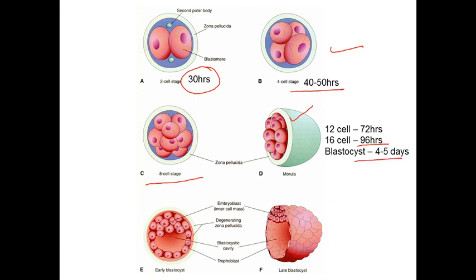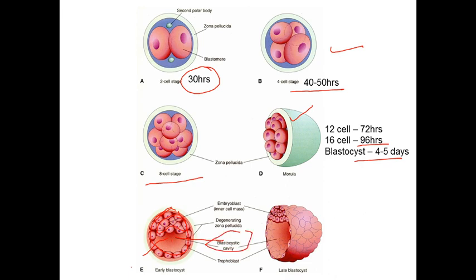By 4 to 5 days we see the formation of the blastocyst. What is the blastocyst? The blastocyst consists of an outer layer of cells, the outer cell mass, and an inner layer of cells, called the inner cell mass. Fluid filled spaces appear within, separating the outer and inner cell mass, and this fluid filled space is called the blastocyst cavity.